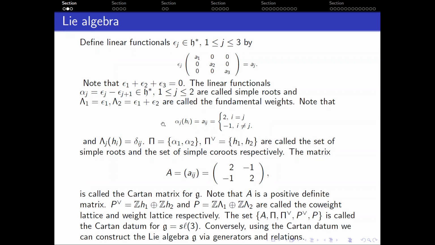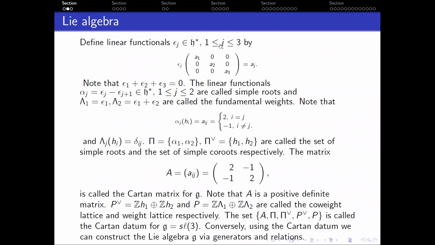And if you work out these linear functionals, you will see that alpha j of h i, which I will denote by aij, is 2 when i is equal to j and negative 1 when i is not equal to j.